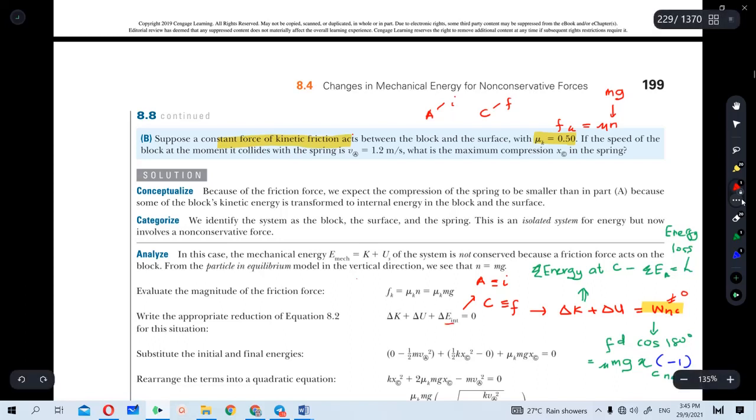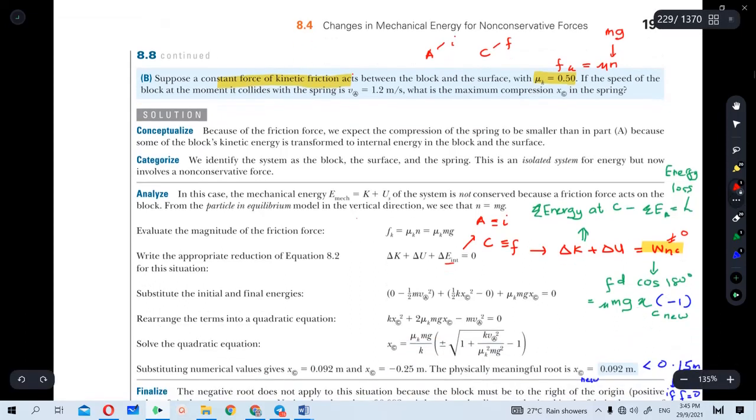Now, same as this one. Alright. Now, let's focus first on the work non-conservative. The expression earlier, the force times the displacement and times cos 180.